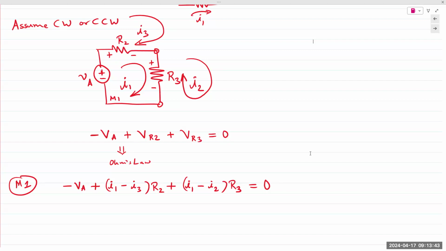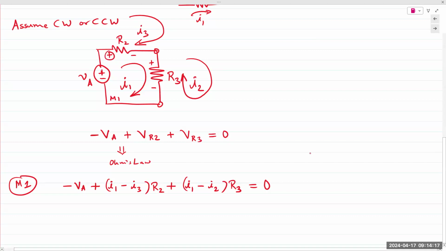The most important is the current direction for the mesh, and then which currents are positive, which currents are negative. Yes. The conclusion that I just stated, which is I1 is positive and I2 and I3 are negative, those conclusions come from the fact that the point of entry for the current is plus, right?